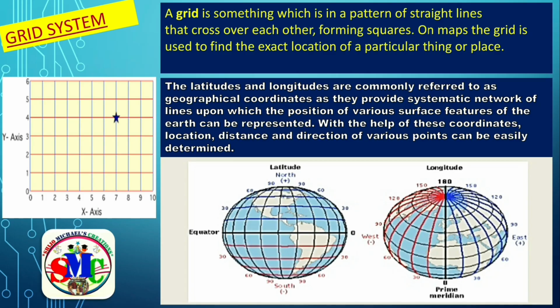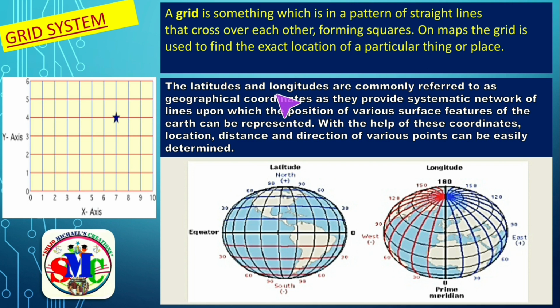In order to improve the skills in mapping, we have to learn from the basics. One of the basic ideas of mapping skill is the grid system. A grid is something which is in a pattern of straight lines that cross over each other forming squares. On maps, the grid is used to find the exact location of a particular thing or place.